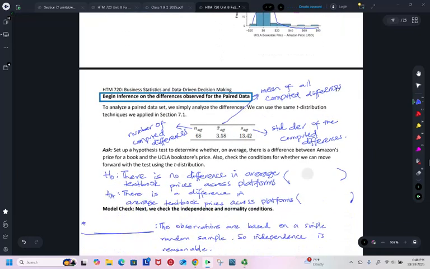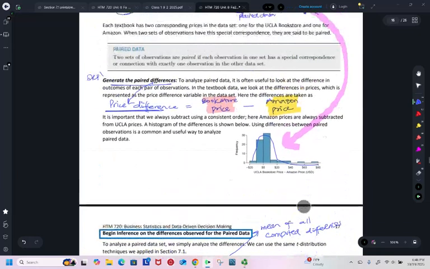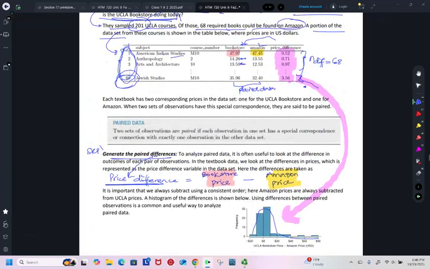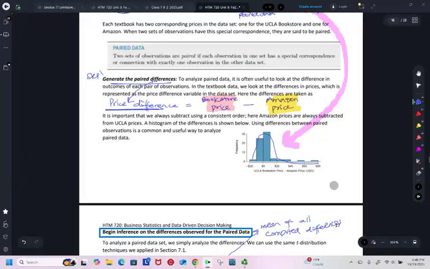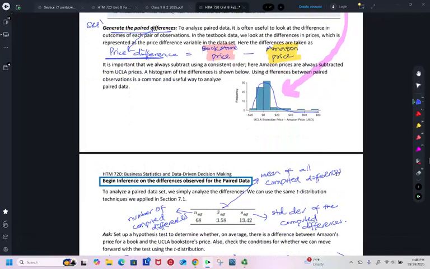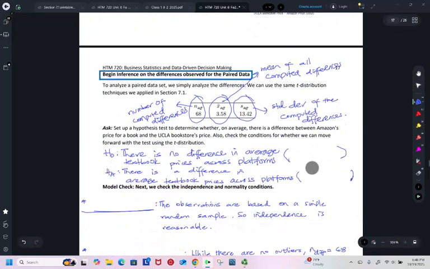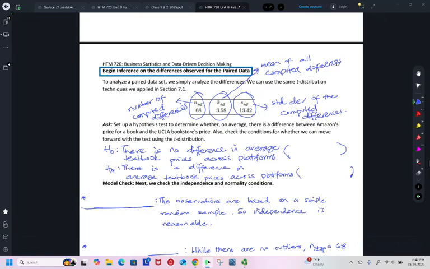The next step is to compute the average of all of these differences. When this was computed, according to our example, we got 3.58 for the 68 differences, and the standard deviation of all the computed differences was 13.42.